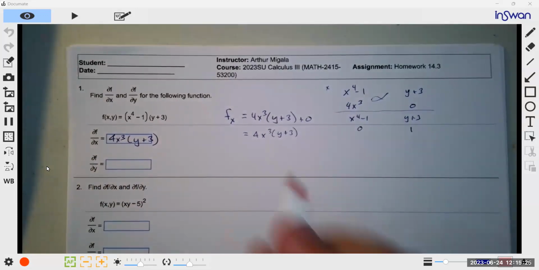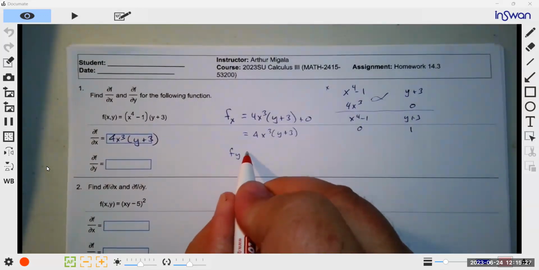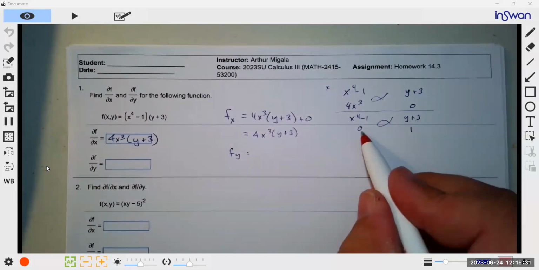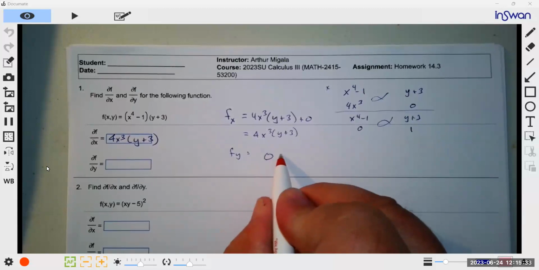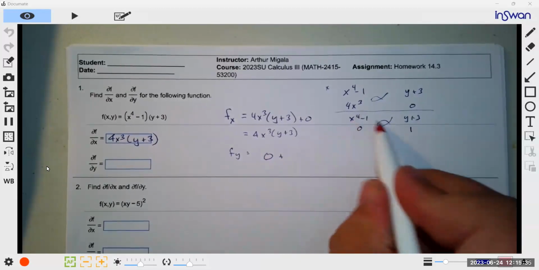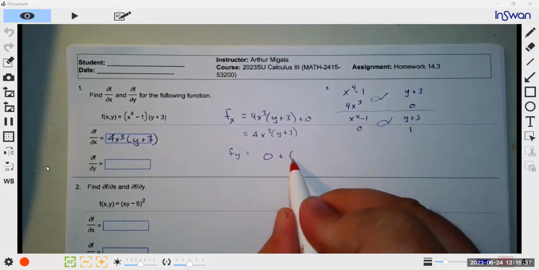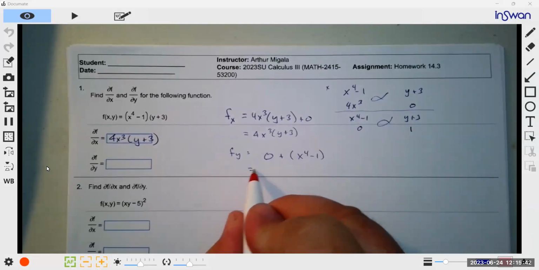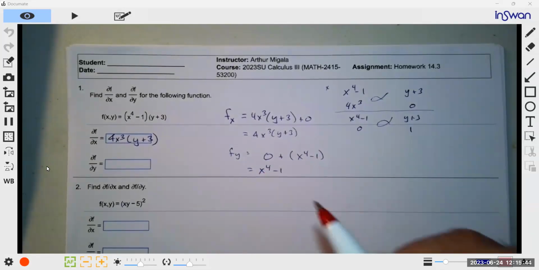That's the first one. Now with respect to y, (y plus 3) times 0 is 0, plus x to the fourth minus 1 times 1, which is x to the fourth minus 1.